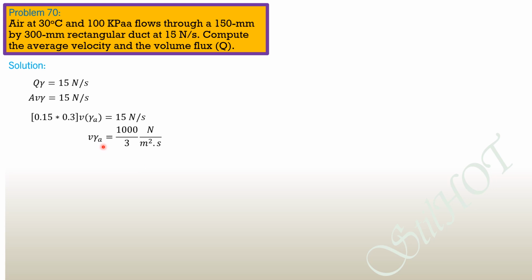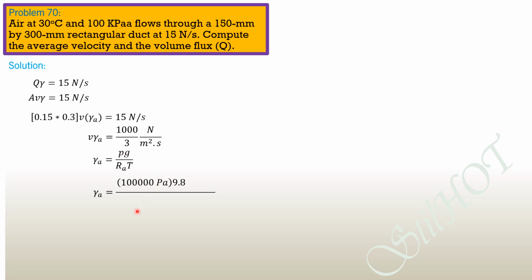For specific weight of air, it is absolute pressure of air times g over gas constant of air times absolute temperature in kelvins. So that's the formula, remember, from the first part of fluid mechanics. So P, let's convert this to pascals, absolute. So 100,000 times 9.81.